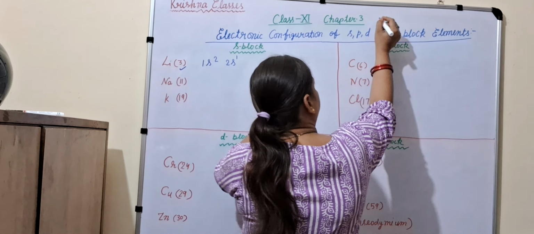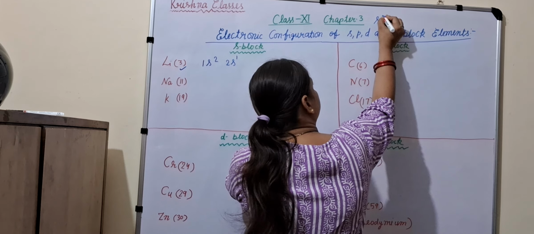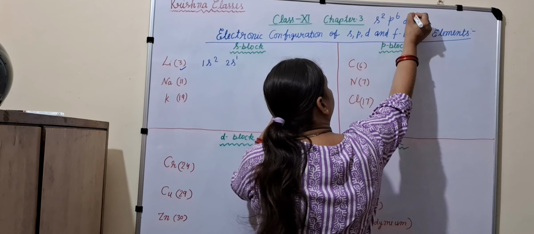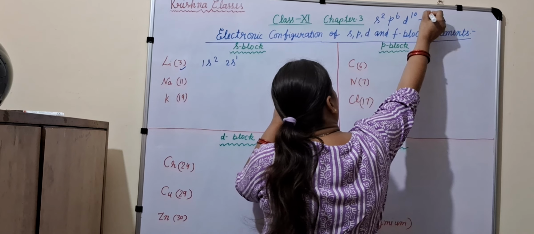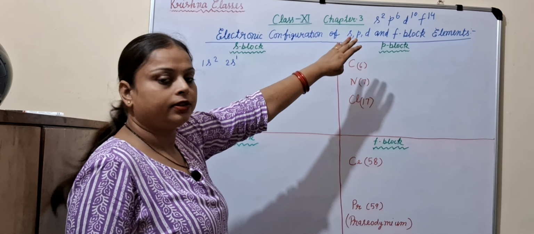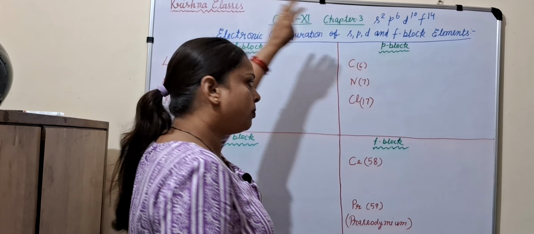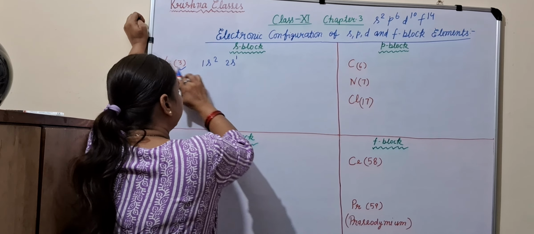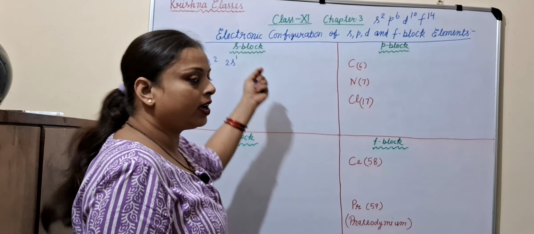You know that the capacity of S subshell is 2, P 6, D 10, F 14. I described this topic in detail in my previous class. So this is the electronic configuration of lithium, 1s2, 2s1.